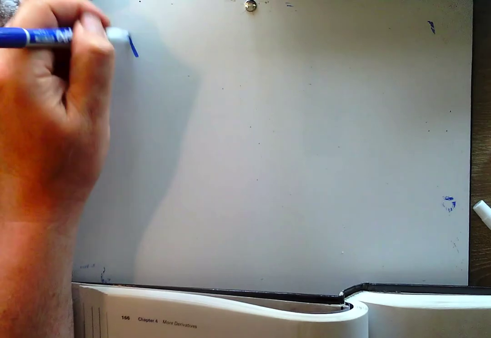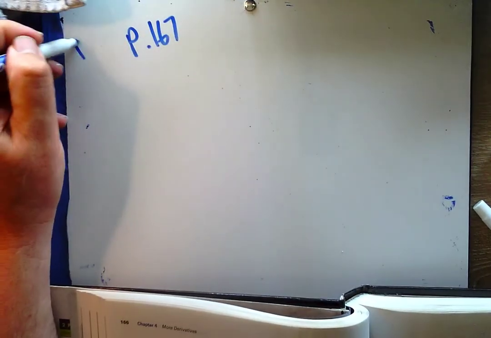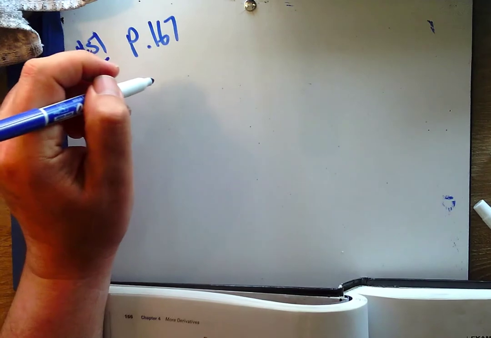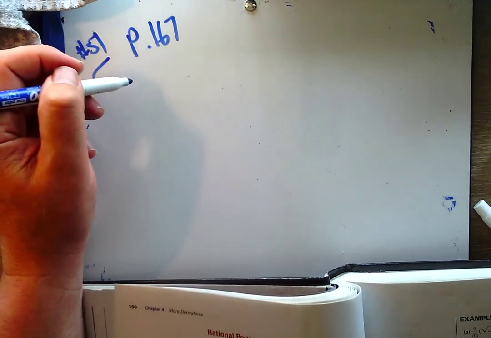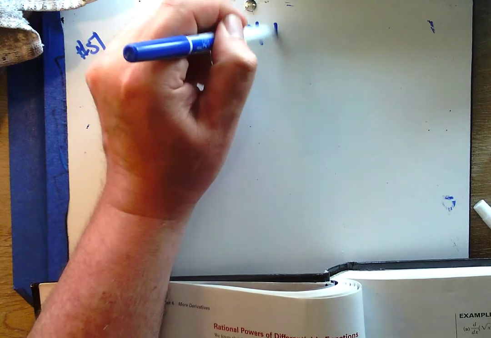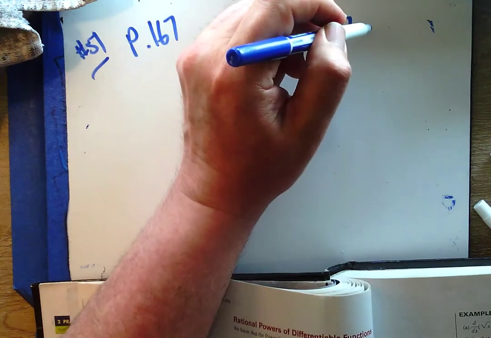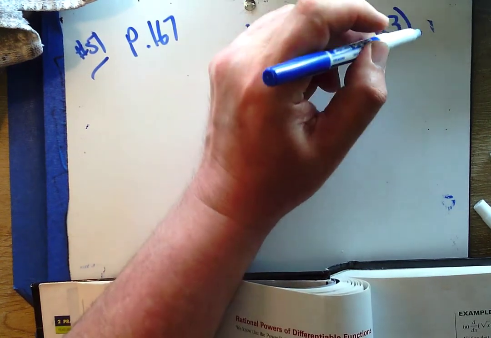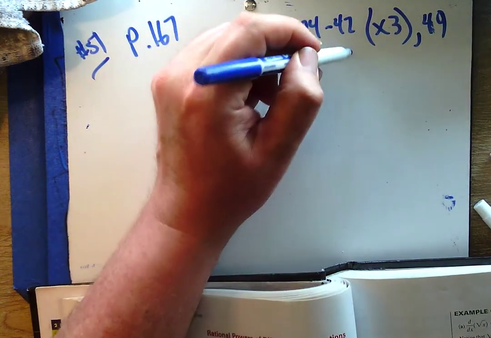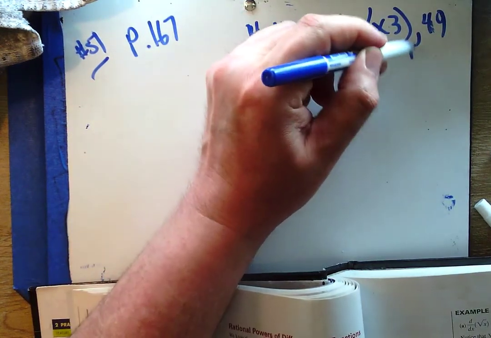The homework seems to be on page 167 through 9, and then it looks like we've got some practice AP questions here at the end. All right, page 167, this is homework 51, and we start with 14 through 16, then we have 24 to 42 multiples of 3, and then we have 49, and on page 169 we're going to do number 4.